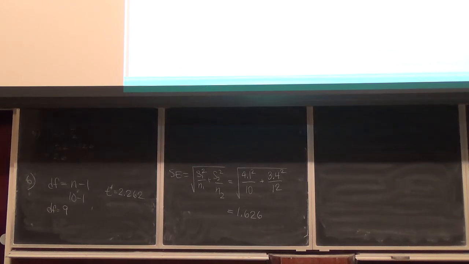S1 and S2, those are standard deviations of sample 1 and sample 2, as written in the problem. Okay. So, 2 weeks on diet 1, the 10 cows gained an average of 15.2 pounds. That's the mean of sample 1, with a standard deviation of 4.1 pounds. That's going to be the standard deviation of sample 1, S1.